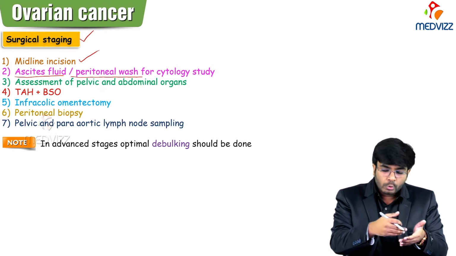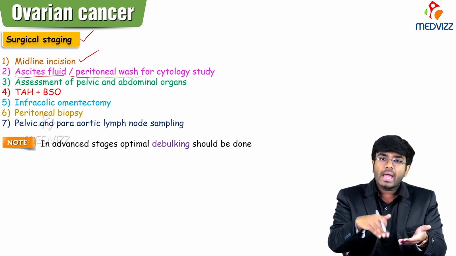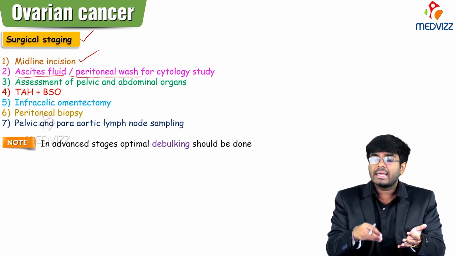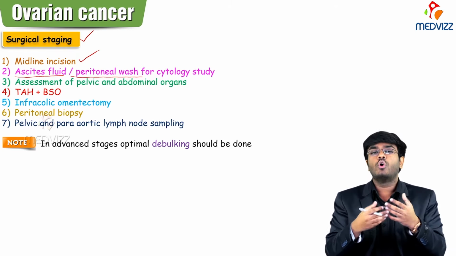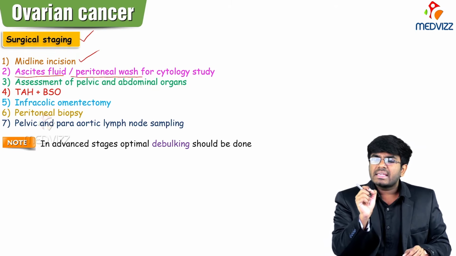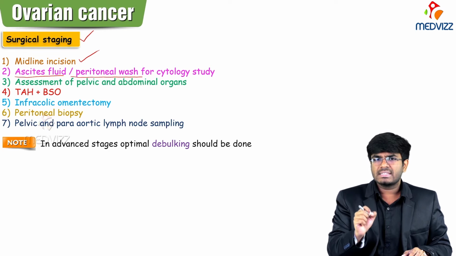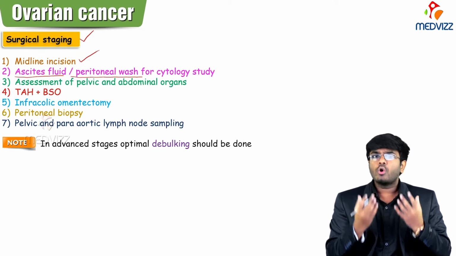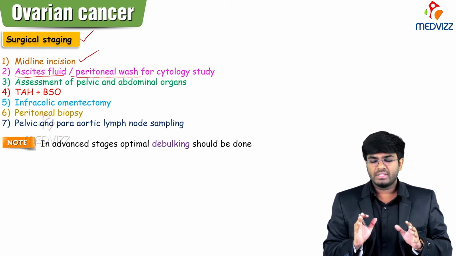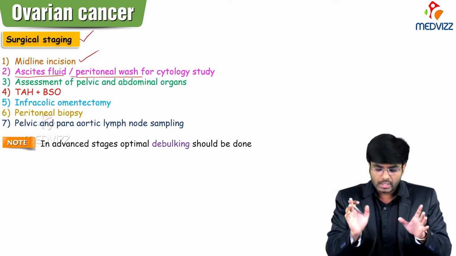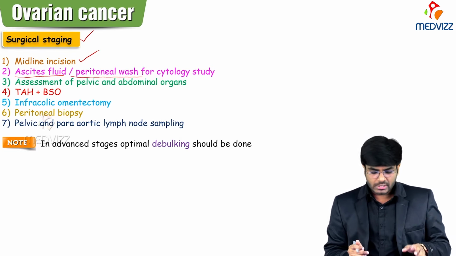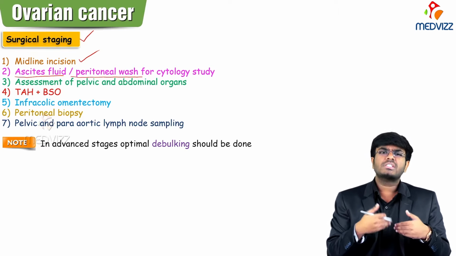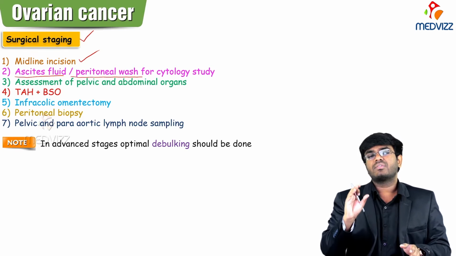You put the saline fluid, wash these peritoneal pouches, collect the saline and send it for the cytology, just to know whether there are any microscopic small cells already present outside the ovary. Why? Because there is no gross appearance, you just want to know whether there is any microscopic spread or not. So after midline incision, if there is ascitic fluid, collect that ascitic fluid, or if there is no ascites, you wash them and collect this fluid and send for the cytology.